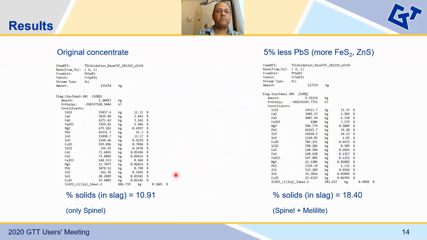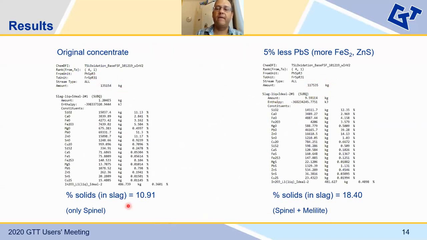You may see that when you consider a concentrate which is poorer in lead sulfide, the amount of slag decreases a little bit.